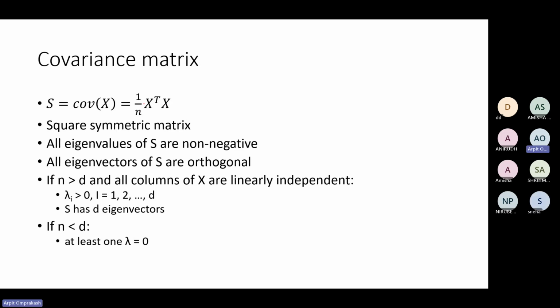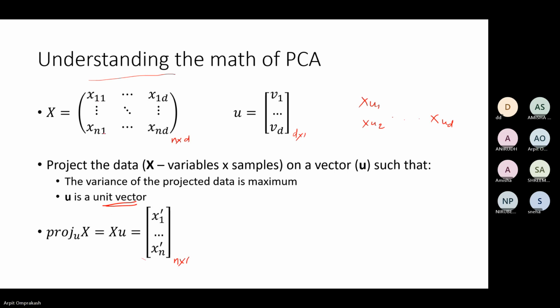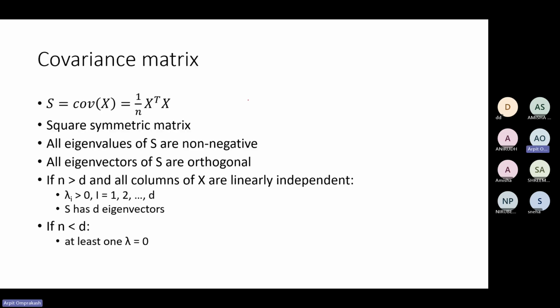So n is basically the number of samples that we have, and we divide X transpose X by n. And this covariance matrix is basically a square symmetric matrix. So let's say we are taking the covariance of X, which has 2 cross 2 dimensions. So basically x1, x2, y1, y2, something like this, right?